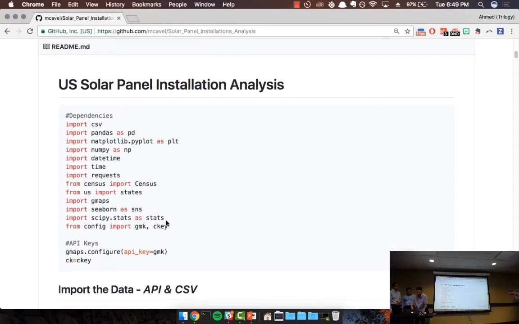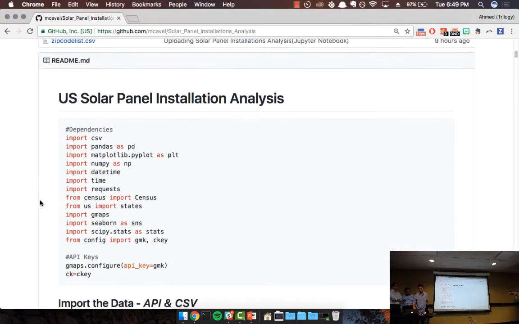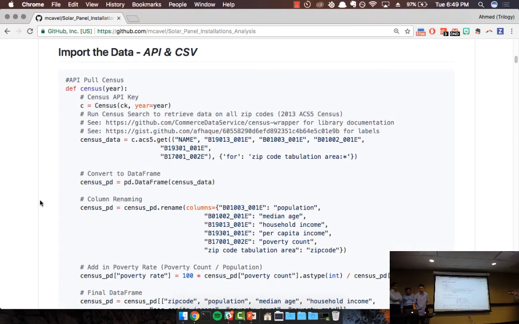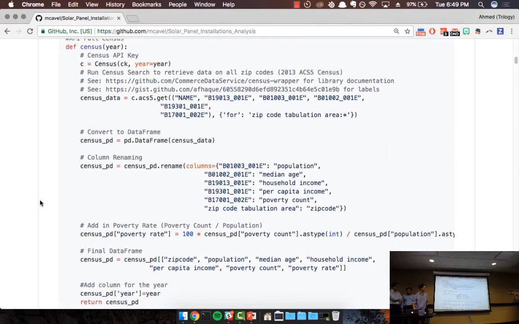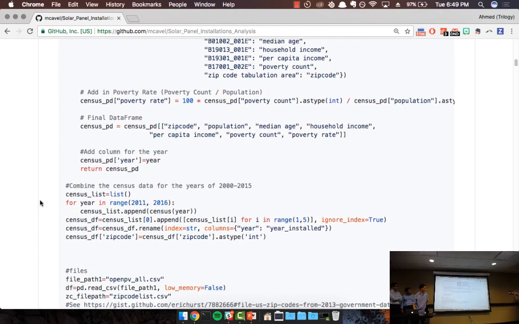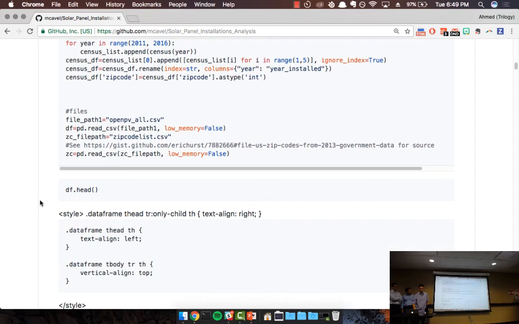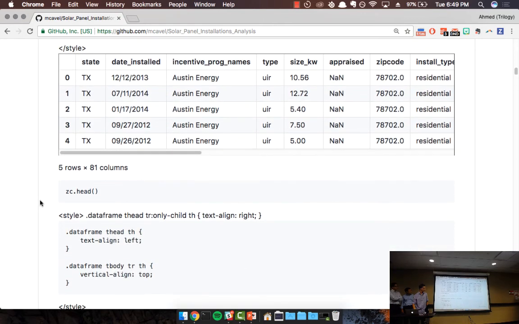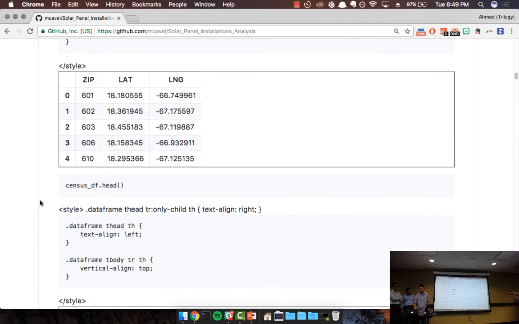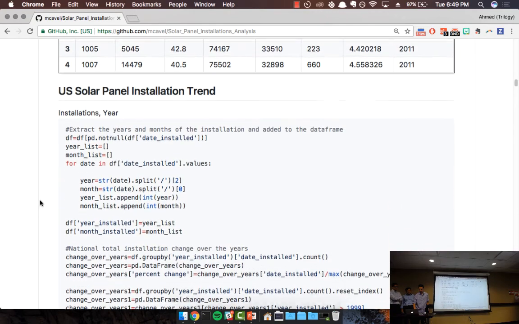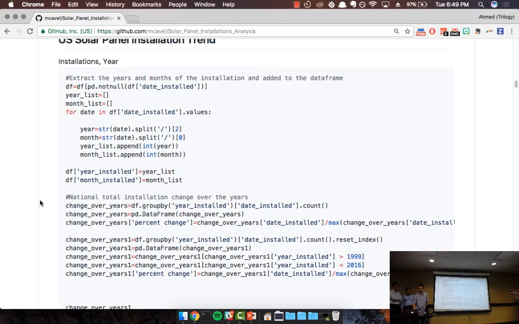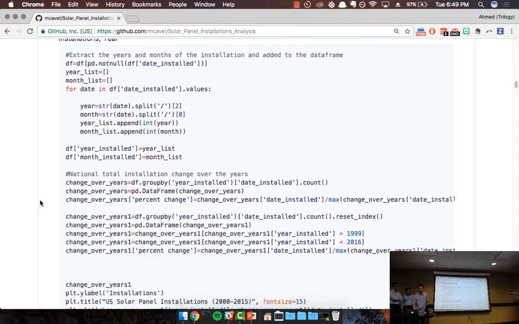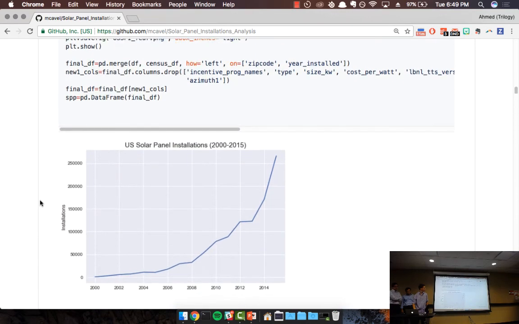Okay, so we have our dependencies. We have our imported data. I'm just going to go through this quickly at a high level. We have our data frames with all the merged information. Then we have our solar panel installation trend and the graph.